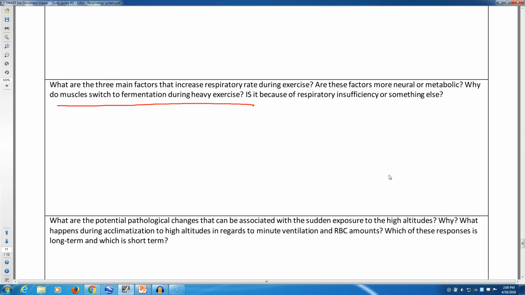Exposure to high altitudes. What happens to hemoglobin saturation if you suddenly go to Mount McKinley, the very top? It's going to decrease. So how does it affect oxygen delivery to the brain?